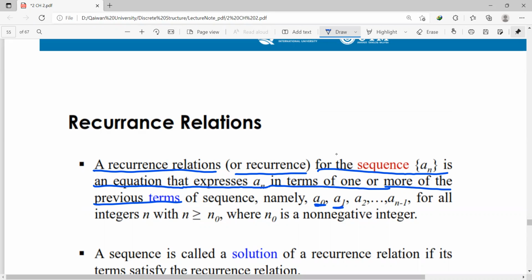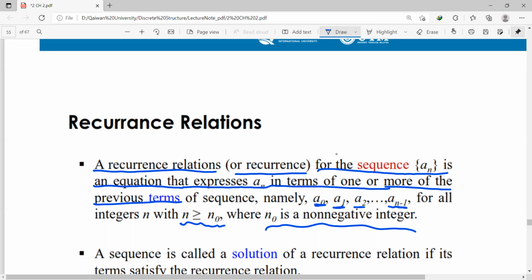Here we have A0, A1, A2, and so up to A_n minus 1, for n greater than or equal to n0, where n0 is a non-negative integer. That means the indices or the subscripts must always be 0 or positive. They don't have to be negative.